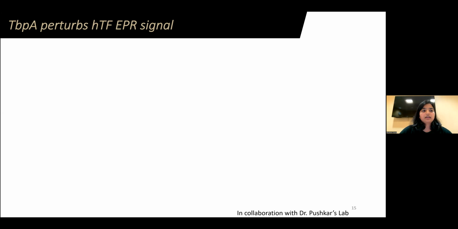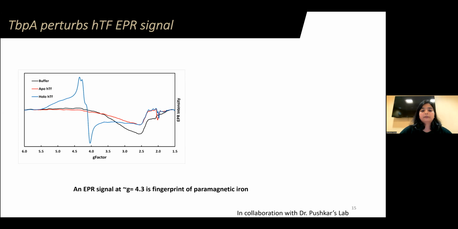So we went ahead and collected the data on the transferrin itself, and as you can see here, at G factor 4.3, so the G factor is just a value. It's a fingerprint of an electron in a certain environment. So at G factor 4.3, we see this peak right here in the transferrin, which is absent in the apotransferrin and also absent in our buffer.